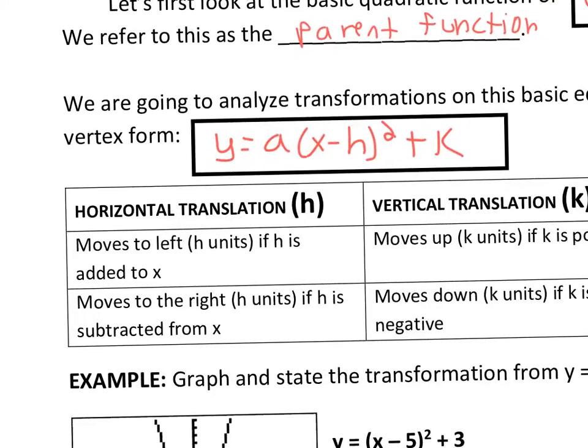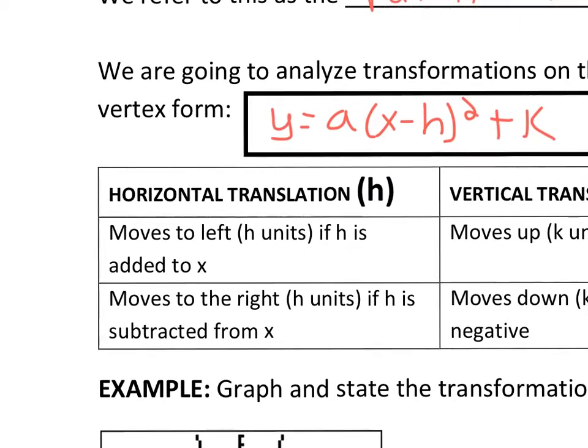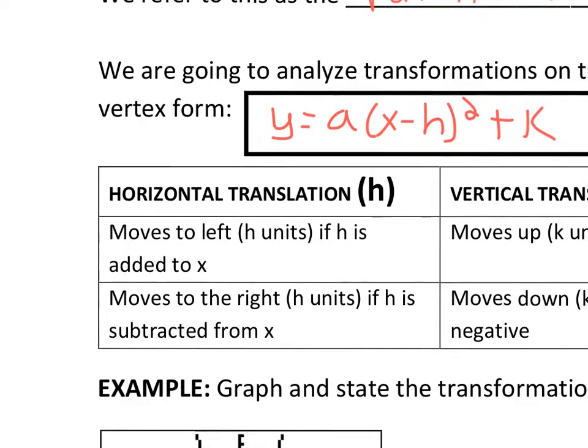If there's a number in the h spot, think of the h standing for horizontal, the horizontal axis, or the x-axis. So that has to deal with left or right. The only thing that's really hard about seeing translations is figuring out, it moves horizontally, but is it left or right?